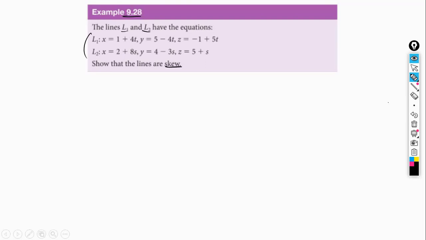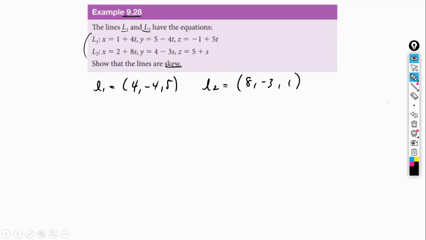First of all, notice that the direction vector for line 1 would be 4, negative 4, and 5, whereas the direction vector for line 2 is going to be 8, negative 3, and 1. Now, these are obviously not scalar multiples of each other. Consequently, the lines are not parallel. Now, what we need to find out is if they intersect.